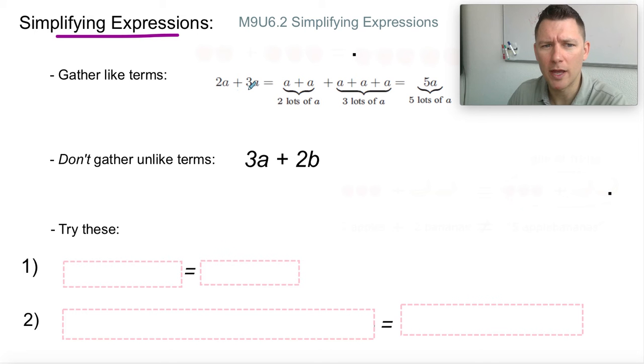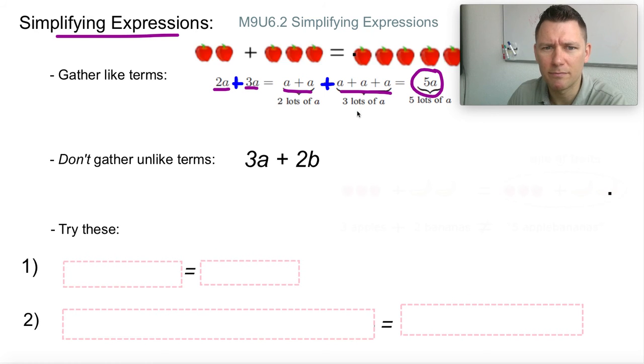So 2a plus 3a, you can simplify because really you have a plus a, plus a plus a plus a, right? 3 more a's. And that's just 5 a's added up, so it becomes 5a. It's sort of like saying 2 apples and 3 apples is 5 apples. You can combine them because you're talking about apples.